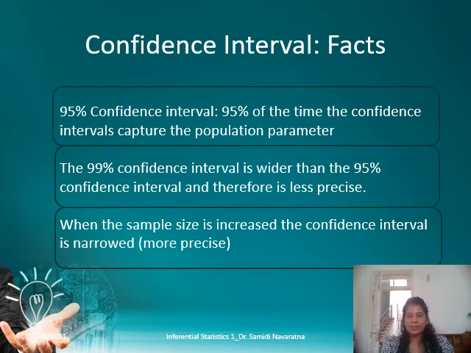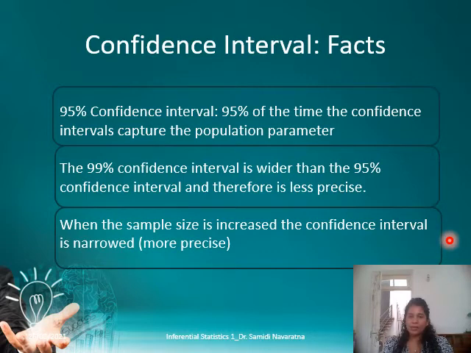So some facts about the confidence interval. A 95% confidence interval will, 95% of the time, capture the population parameter. The 99% confidence interval is wider than the 95% confidence interval and therefore is less precise.